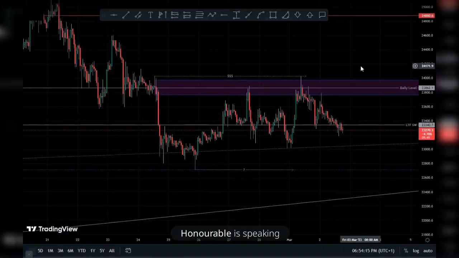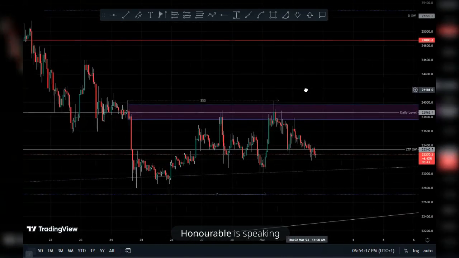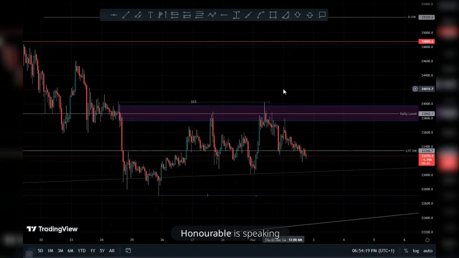Now, I will start by saying Fibonacci is a leading indicator. It's one of the indicators that we use as confluence, as price action traders. As price action traders, we don't rely on indicators to make our decisions.